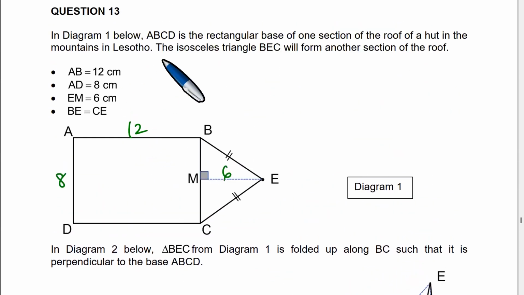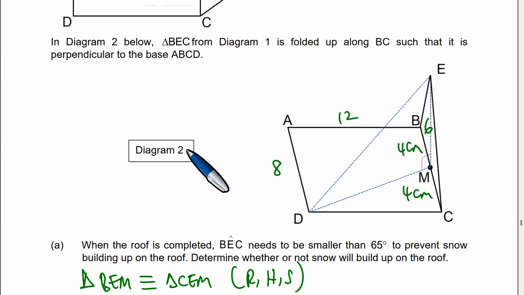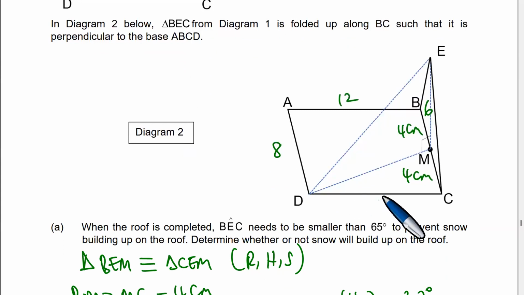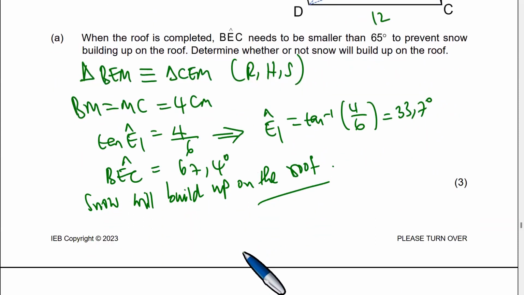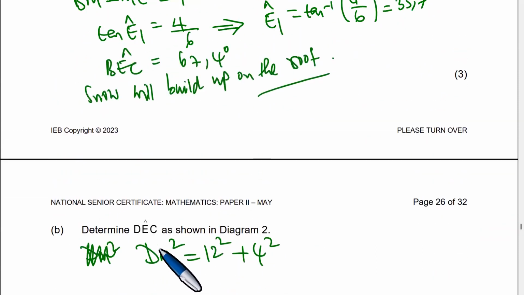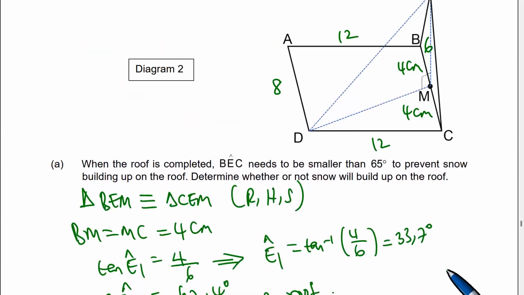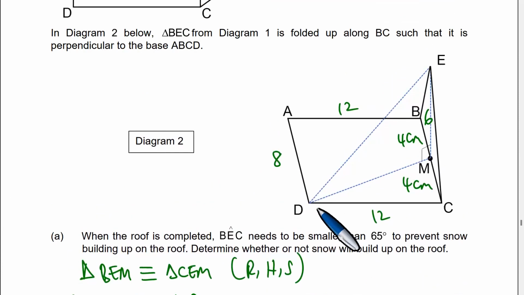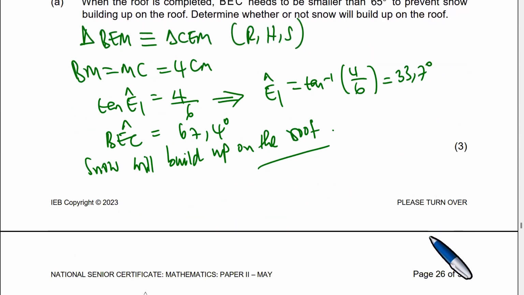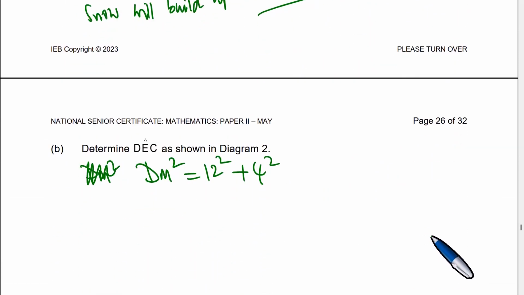But this is a rectangular base, so if this one is 12, that also is 12. And if that is true, you can find DM squared. So at this point, DM squared, and this is 4, is equal to 12 squared plus 4 squared.